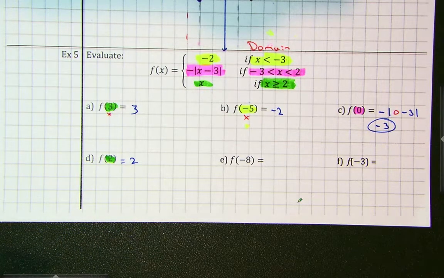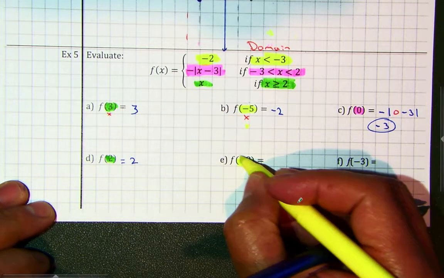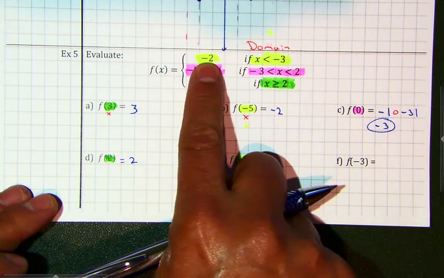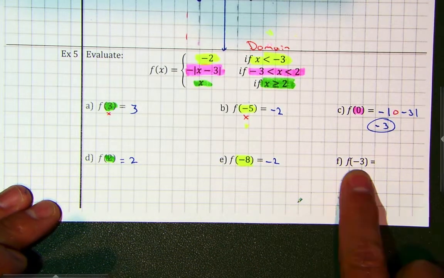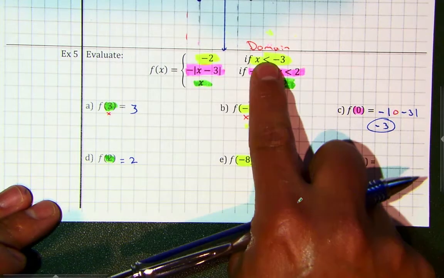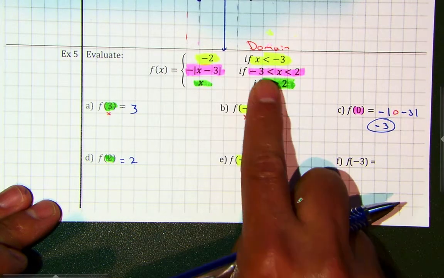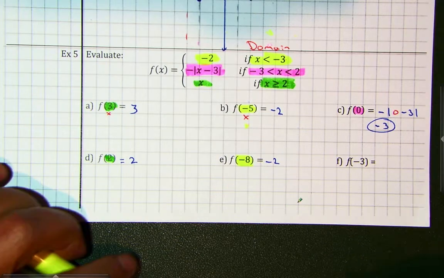So if you plug in a -8, there's no x to plug in. That tells me the y values are always -2. And -3 belongs to neither one. There's no equal sign here, there's no equal sign here, so we say that it's undefined.